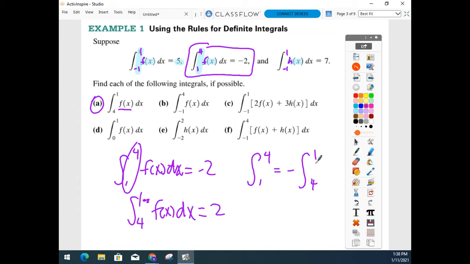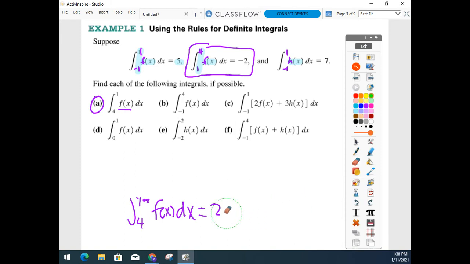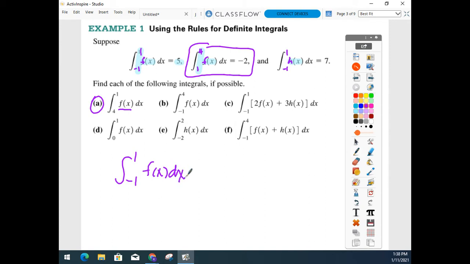All right, letter B. Letter B, we're going to use the additivity. If I go from negative 1 to 1, and I add positive 1 to 4, first of all, I can only add like functions. It has to be the same function.